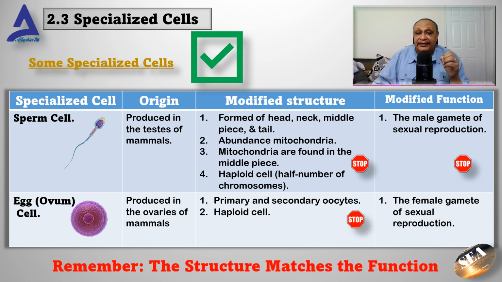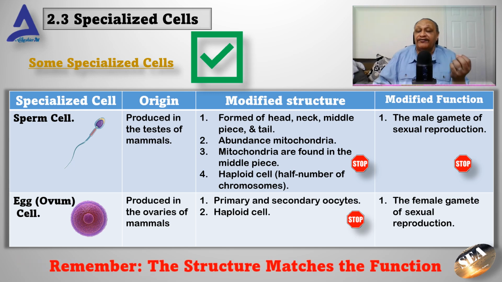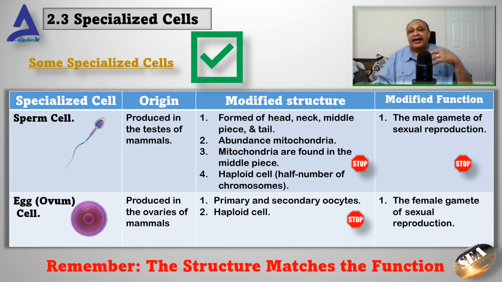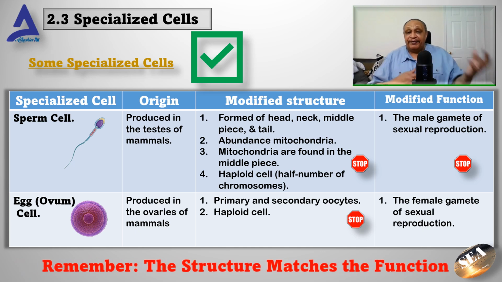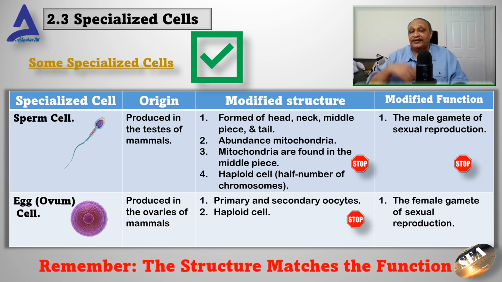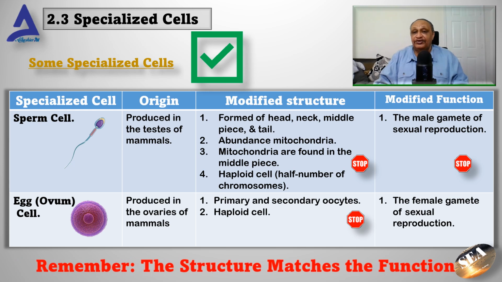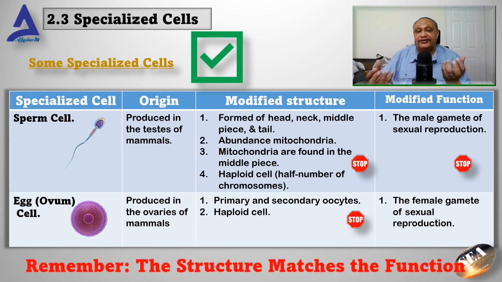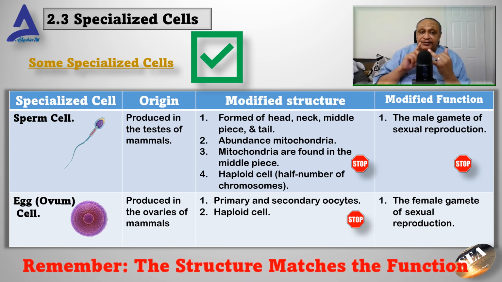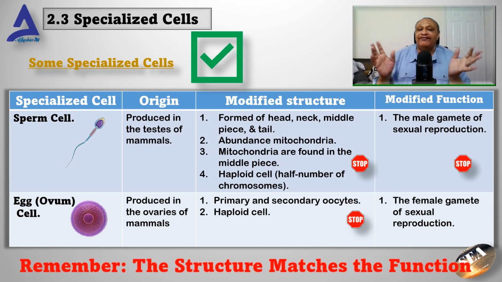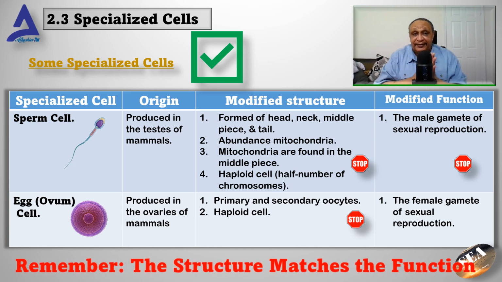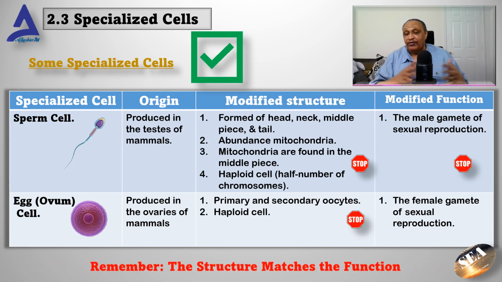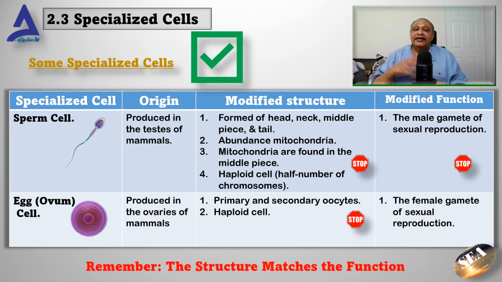Okay, the other cell is the ova or ovum, or the egg cell, simply. It is produced in the ovaries of mammals, and it could be a primary or secondary oocyte. We are going to talk about this in the future. And it represents the female gamete of sexual reproduction. So both sperm cell and egg cell you can find only in the genital system, anywhere but in the genital system. Why?